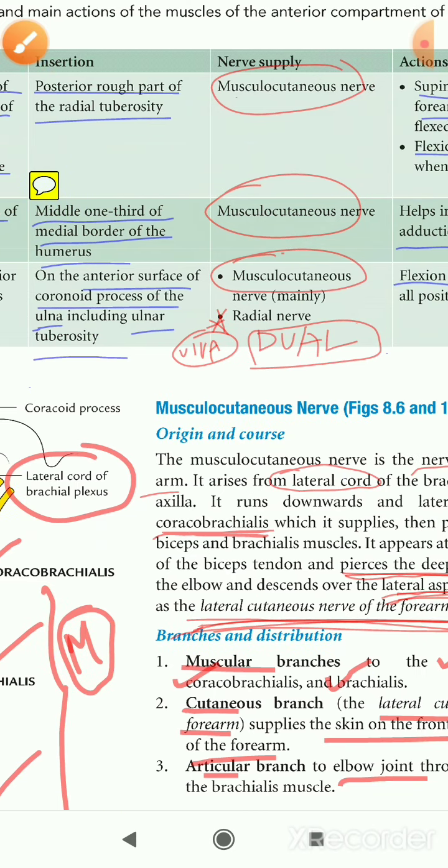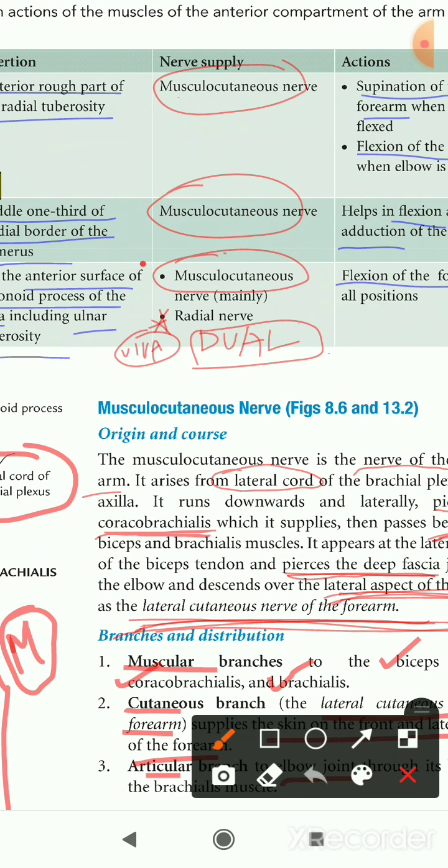Nerve supply is the same as the anterior compartment, the musculocutaneous nerve, but we have to remember that in the upper limb there are two muscles which have dual nerve supply, that means they are supplied by two nerves. One is the brachialis and the other is the flexor digitorum profundus, a muscle of the forearm.